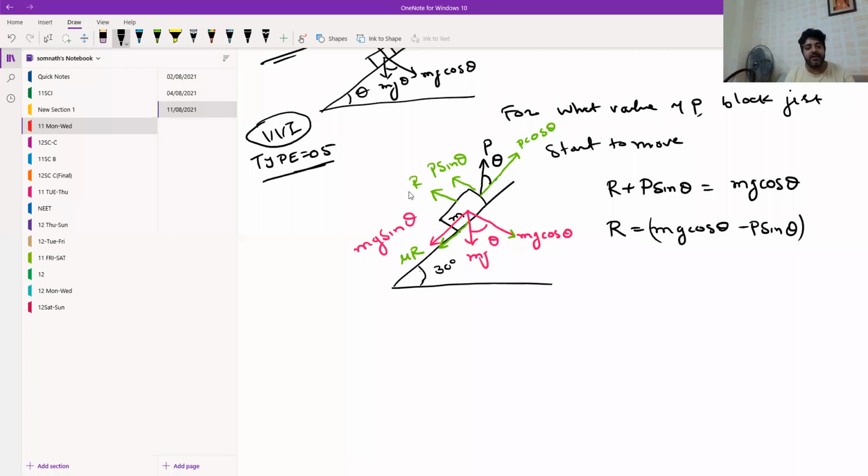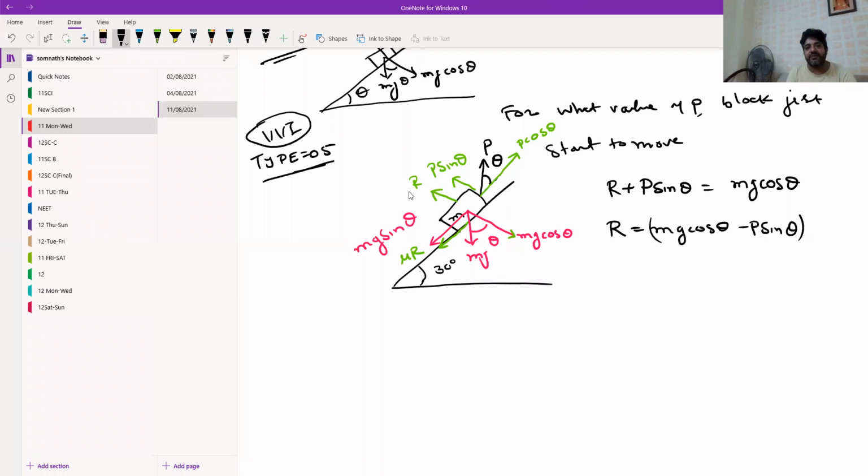Okay. At that time you should not blame anyone, because all of these you have. They can ask you to show for what value of P the block is just in motion, and it's a lovely derivation. That's why it's very, very important.